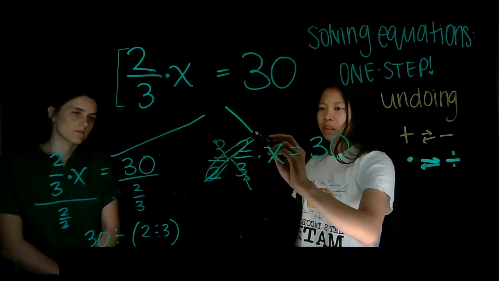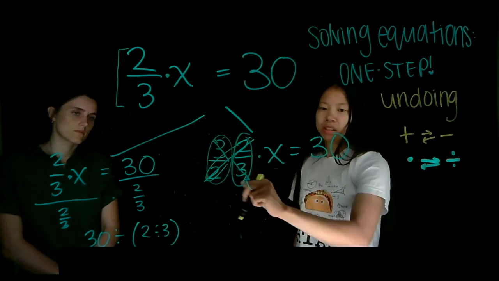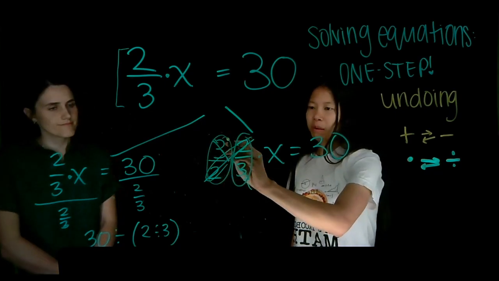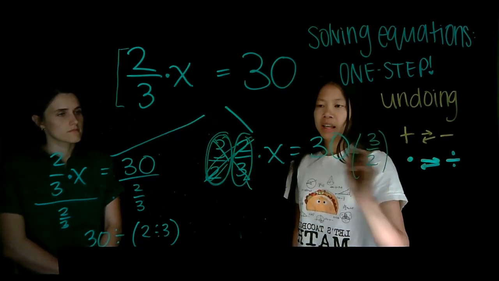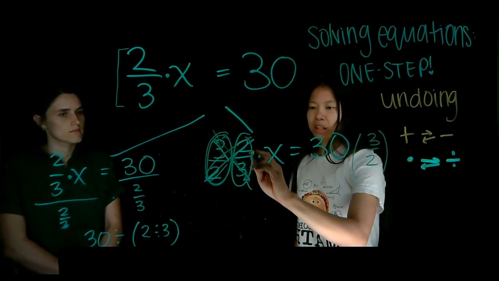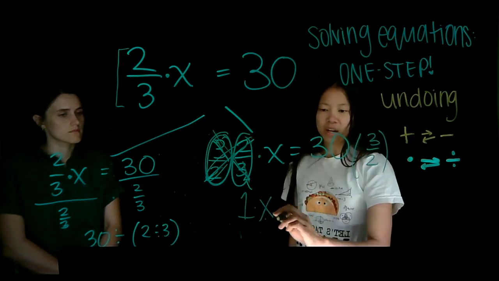So the reciprocal of 2/3 is 3/2, and so when we multiply by 3/2 on this side, I can also multiply by 3/2 on this side. And again, this is our giant 1, 3 over 3 and 2 over 2, so I'm just left with x. So our 1 times x, which is just 1x, or x.